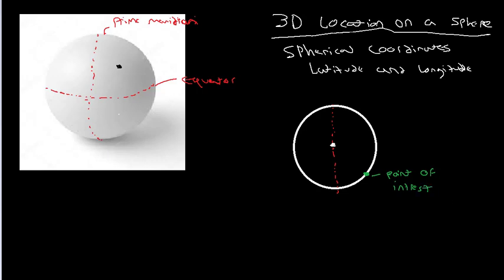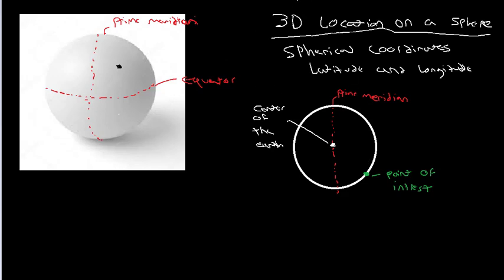Okay, right. So how do we measure the location of this point given our prime meridian, the center of the Earth, and our point of interest?